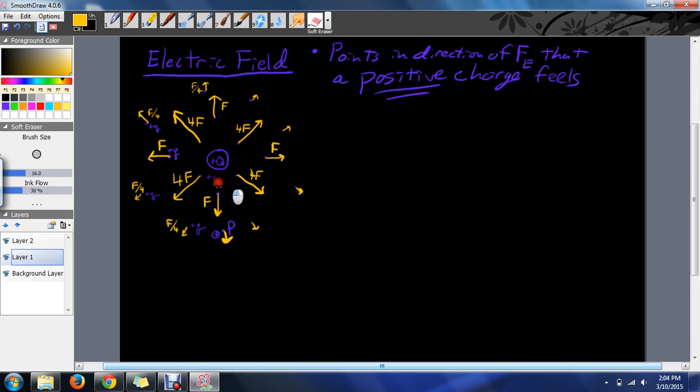Meaning, instead of writing F in all these places, I can write, we use the capital letter E. So therefore the electric field is 4 times greater because the force is 4 times greater in this inner radius. The electric field is 4 times weaker because the force is 4 times weaker in this outer radius.